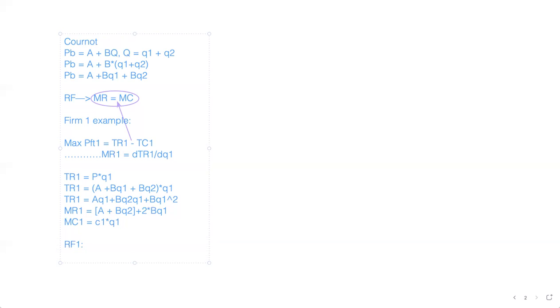Okay. And so then we can finish finding the reaction function for firm one by finding what value of Q1 is associated with setting marginal revenue for firm one equal to marginal cost of firm one. So let's say MR1 is equal to MC1. And now we've constructed everything and we have it.